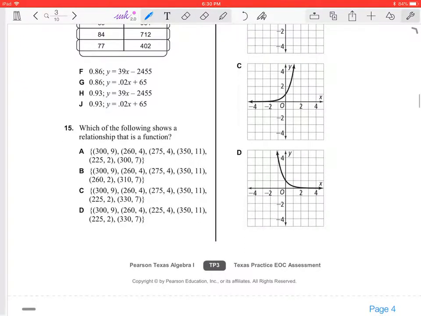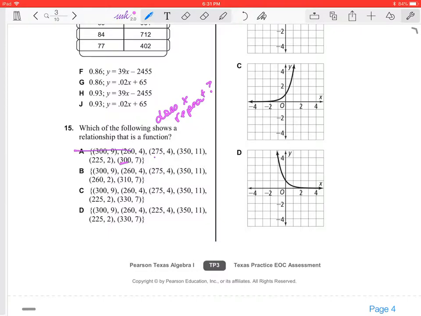Okay, number 15, which of the following shows a relationship that is a function? That means I need to see, does the x repeat? If it repeats, it's not a function. 300, 260, 275, 350, 225, 300.